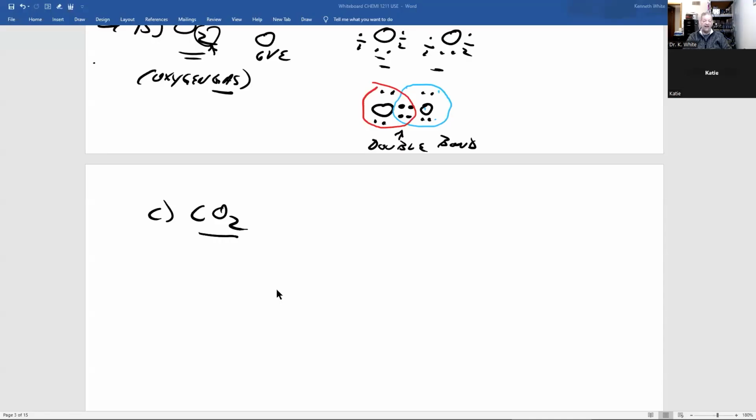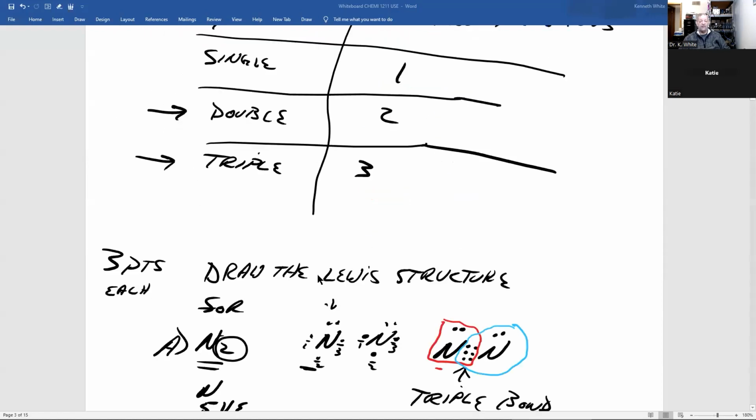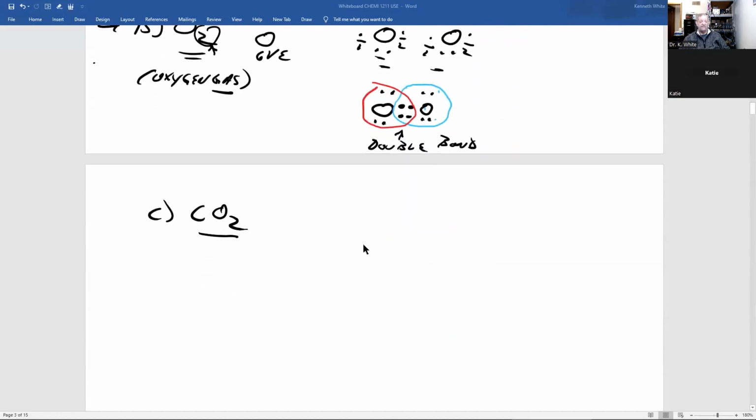And if we look at carbon dioxide, and you have to write the Lewis structure for CO2, we have 1 carbon and 2 oxygens. How do we know that?